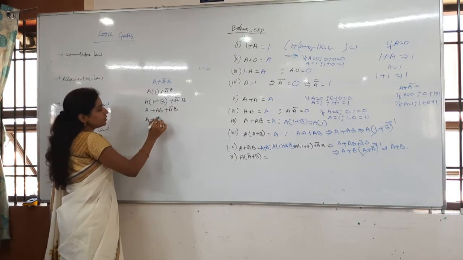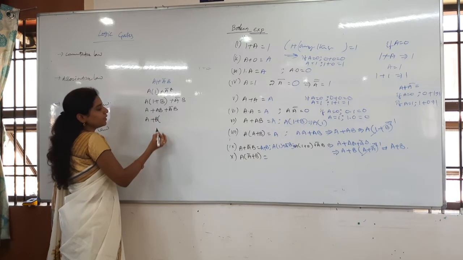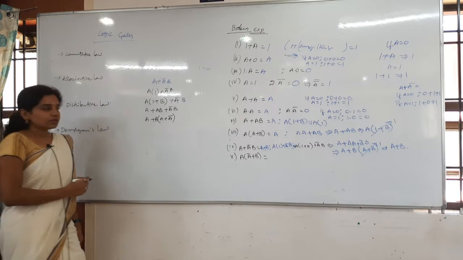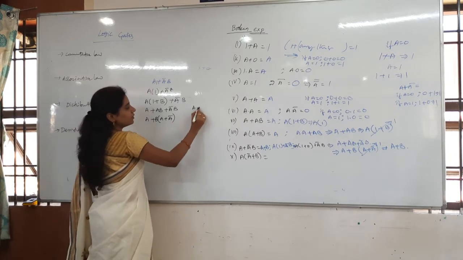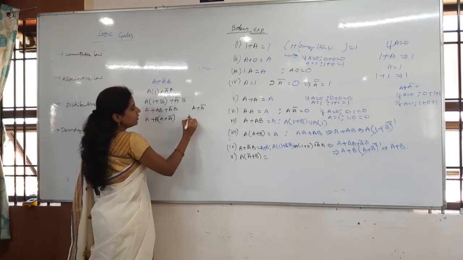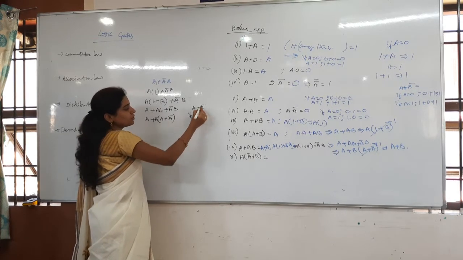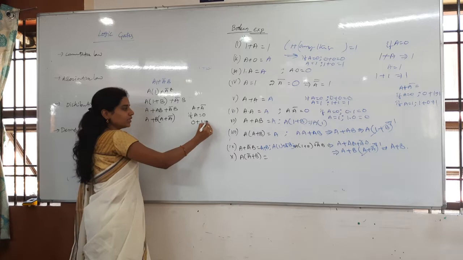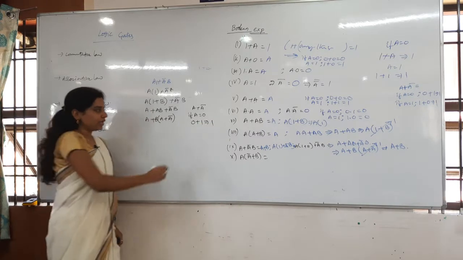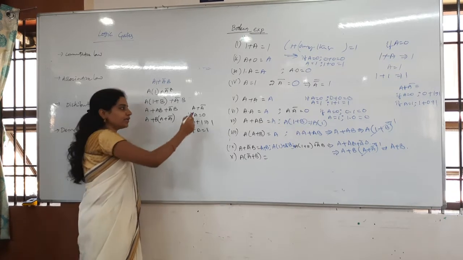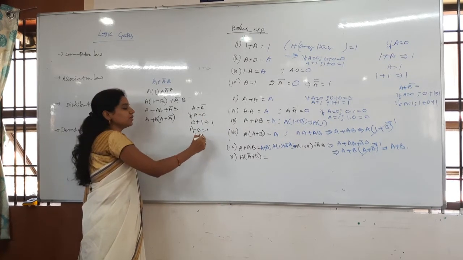Then what can I take common here? B I can take common. What is remaining? A plus A bar. So what is this A plus A bar? If A is equal to 0, then what can I write? 0 plus 0 bar, meaning 1. Then 0 plus 1, answer is 1. Then if A is equal to 1, then 1 plus 1 bar is 0.